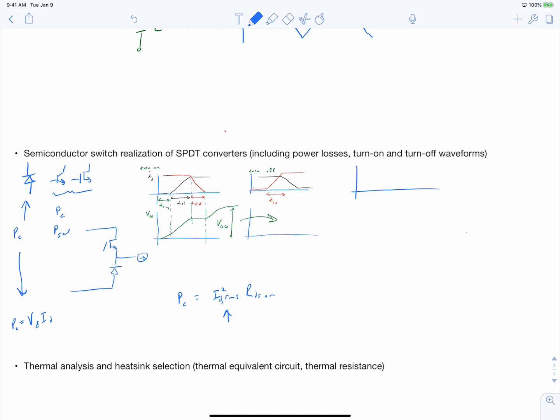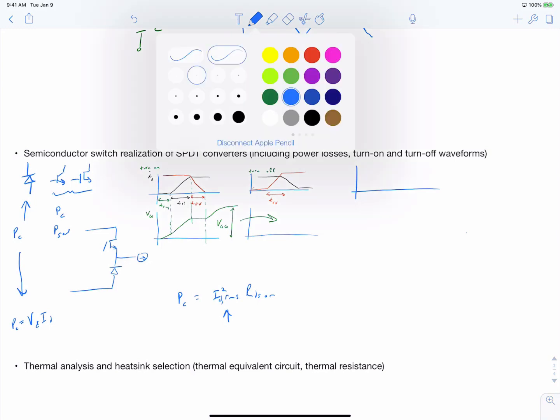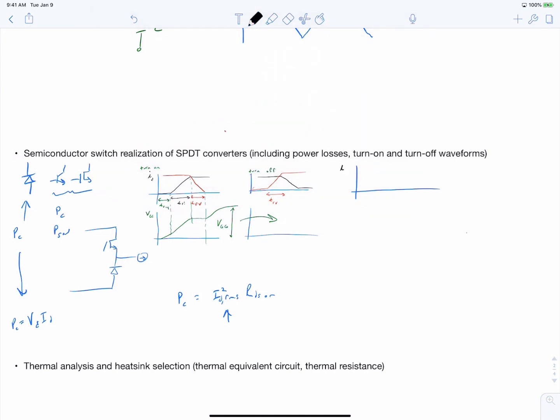Let's draw a graph of the current waveform. And it doesn't matter whether this is a MOSFET or a diode. Let's just say that we have a square wave current waveform. It has some on time of D times TS, and then it's off the rest of the time.